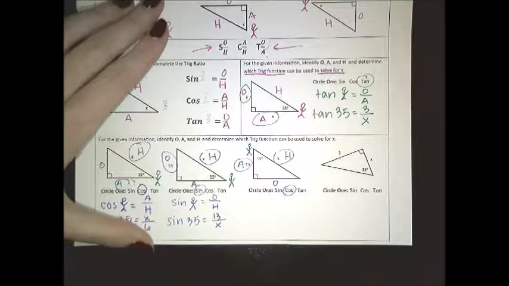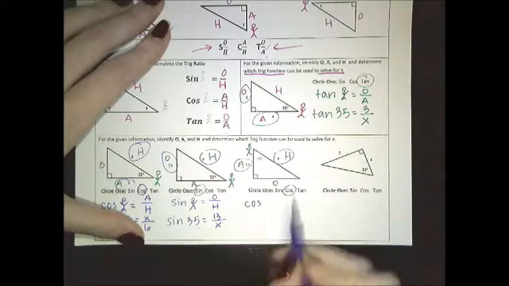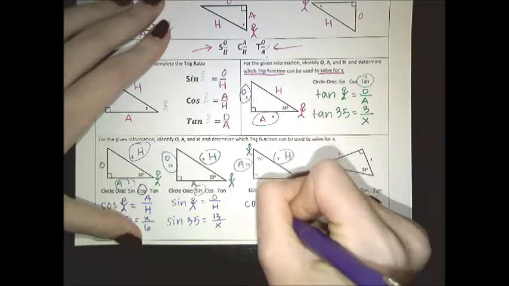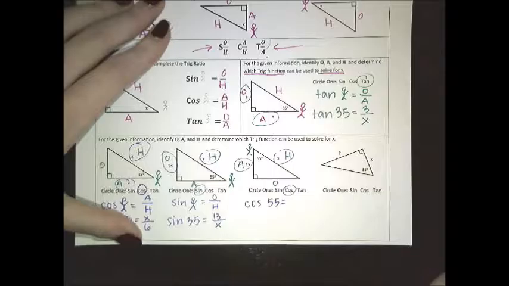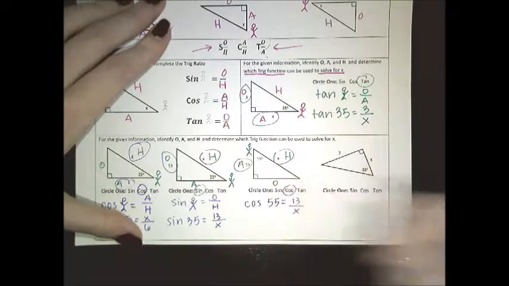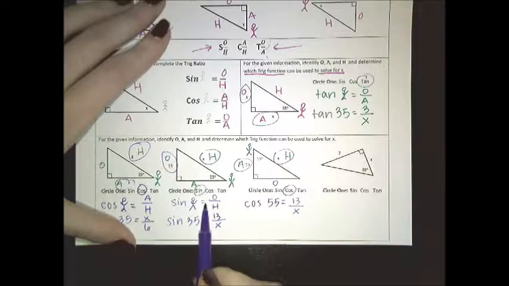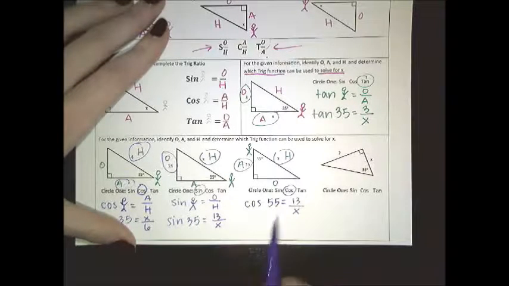And now instead of writing cosine Focus Frank, I'm just going to move on to that next step we did here and say that cosine of 55 is equal to adjacent over hypotenuse, which is 13 over x. So you're welcome to write this step out each time if that helps you, or you can jump right to this step, which is what I did here.